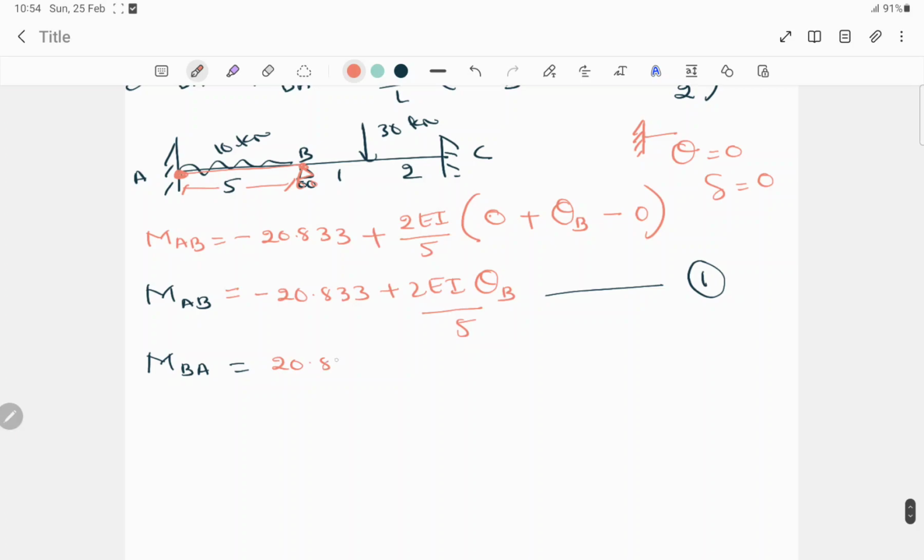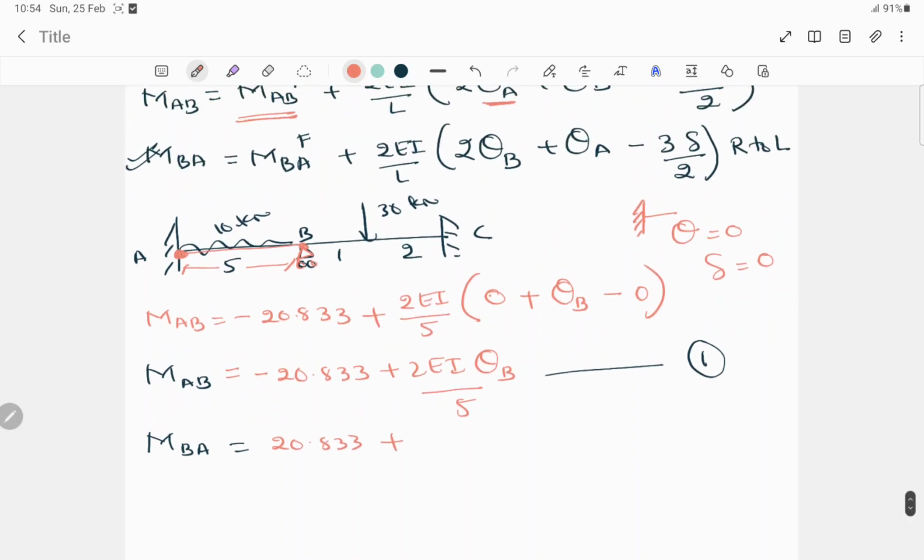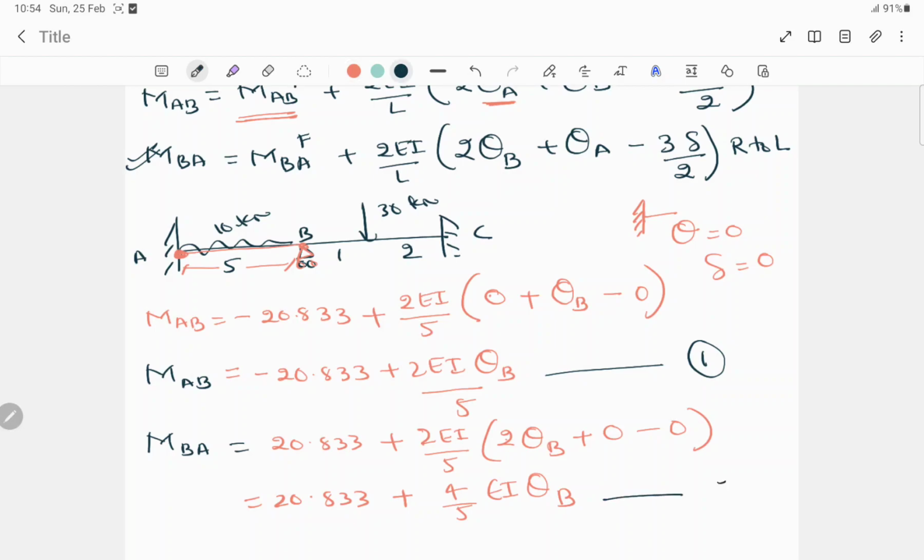So 20.833 plus, what was the formula here, plus 2EI by L. L is 5, bracket theta B, some value will be there, theta B plus theta A, which is 0. So the equation will be 20.833 plus 2 by 5 EI theta B. Okay, so let's consider this as equation 2 for MBA.